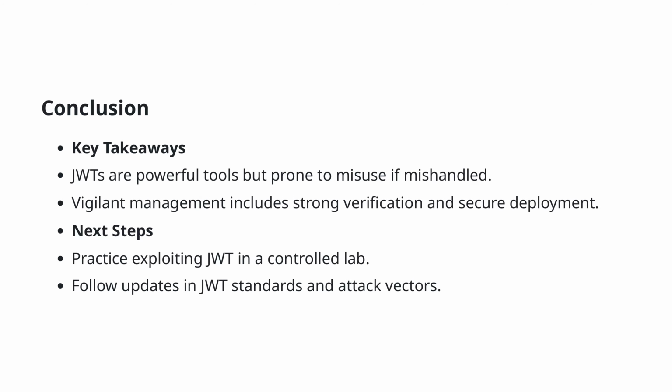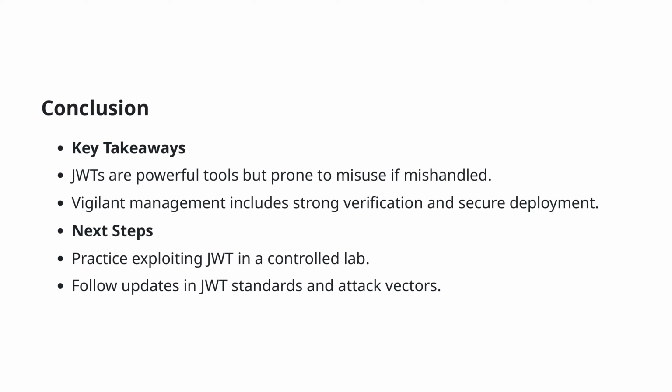In conclusion, JWTs, or JSON Web Tokens, are incredibly powerful tools for managing authentication and information exchange securely. However, they can easily be misused if not handled correctly. Key takeaways include the importance of strong verification processes and secure deployment practices. Vigilant management of these tokens is necessary to maintain security.